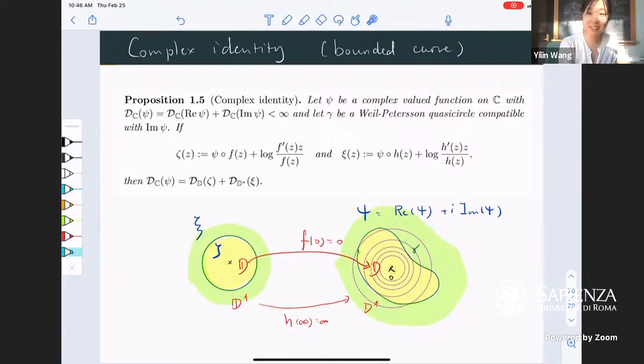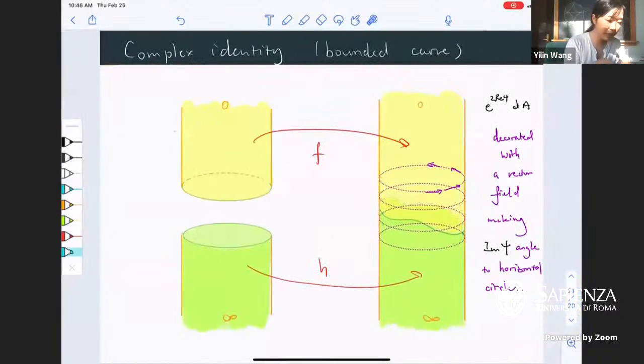Yeah, it's the same as in Frederick's talk, that the flow line is a flow line with the imaginary part of the field. This is another type of flow line.